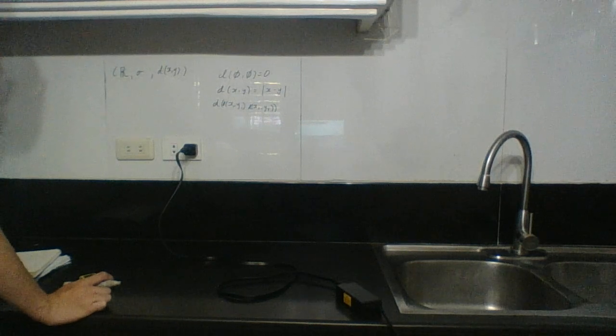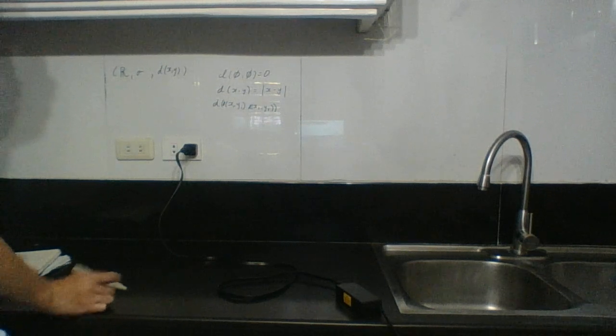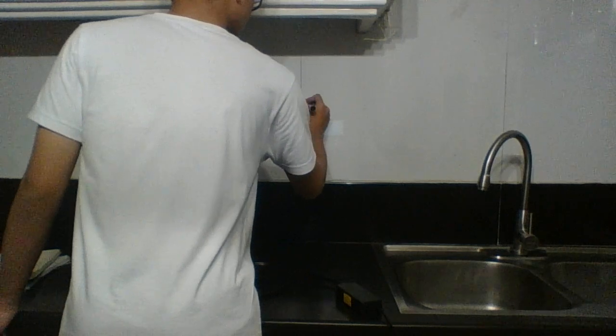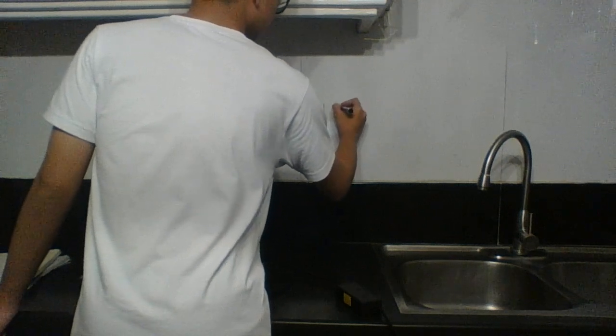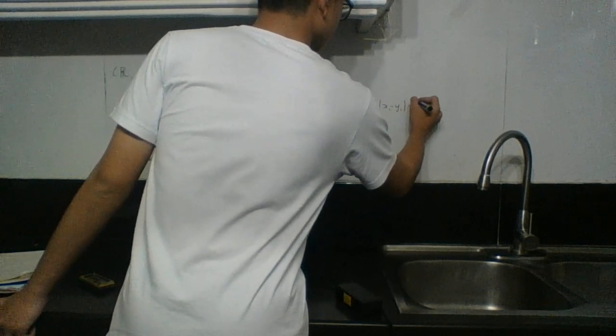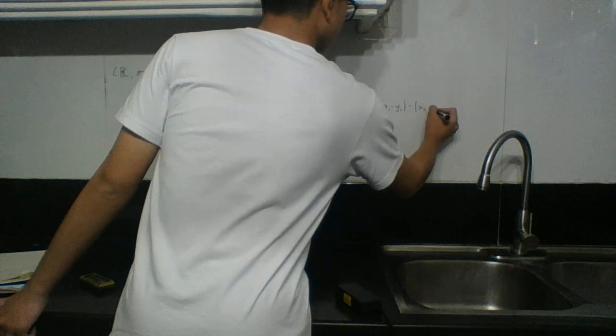Don't think of these as coordinates, but as a nested sort of thing. I find the distance between x1 and y1, and the distance between x2 and y2. So it gives me the distance between x1 minus y1 and x2 minus y2, and that gives me the absolute value of the absolute value of x1 minus y1 minus the absolute value of x2 minus y2.